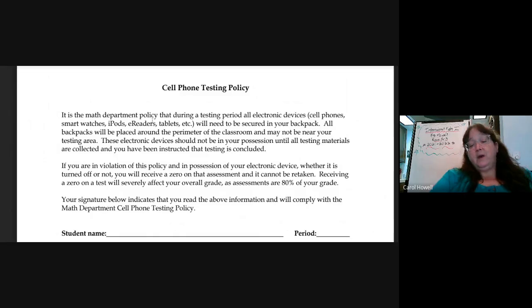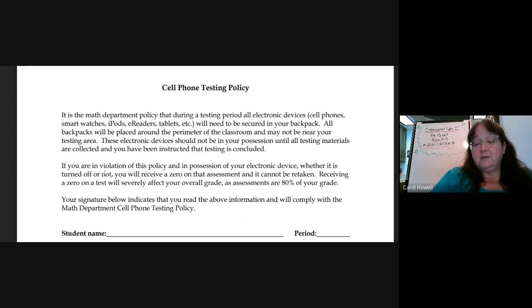It's the math department policy that during a testing period, all electronic devices, cell phones, smartwatches, iPods, e-readers, tablets, and what have you, will need to be secured and put away. All backpacks and items will be placed around the perimeter of the classroom and may not be near your testing area. These electronic devices should not be in your possession until all testing materials are collected and you've been instructed that testing is concluded.